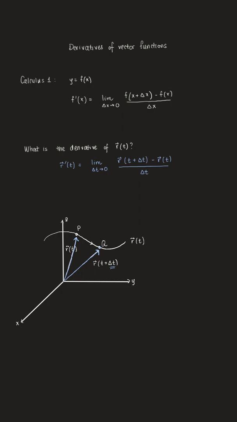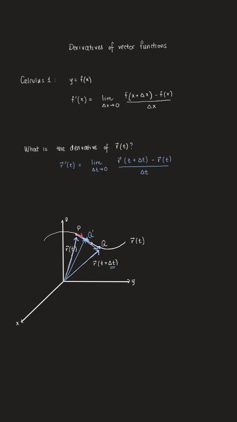If we draw the secant vector from P to Q, as delta t gets smaller, we are imagining a dynamic Q moving closer to P. And you can see that our secant vector is going to approach a tangent vector, which I'm going to draw in a very small red vector.